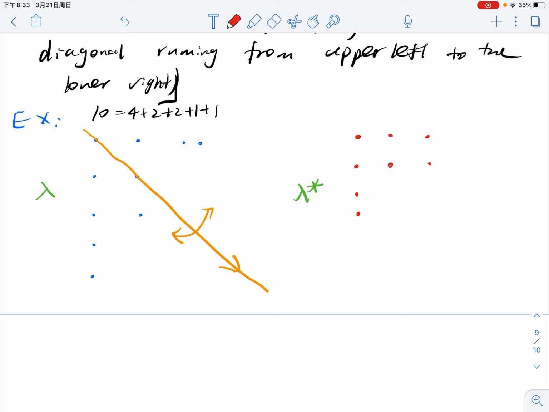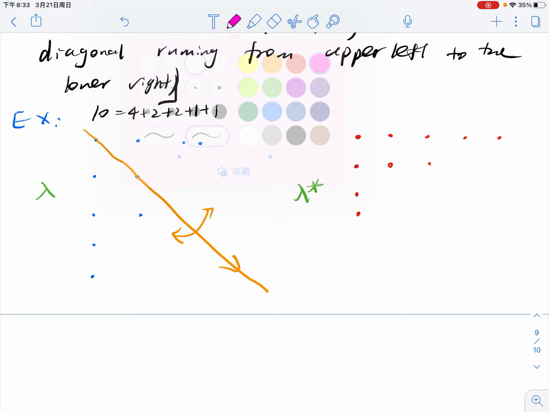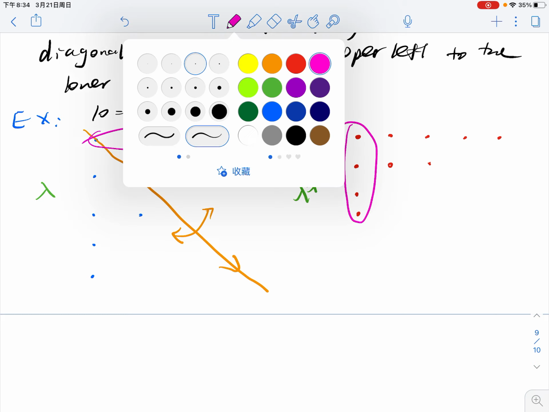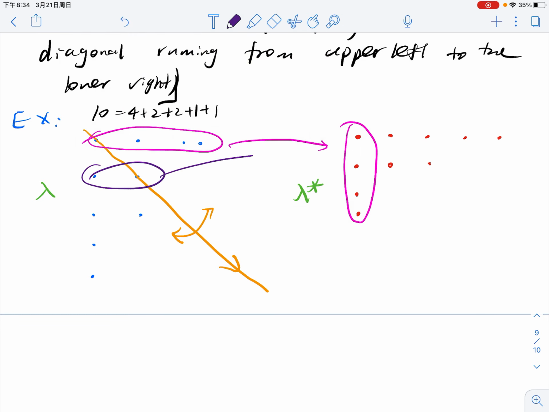More precisely, the first row becomes the first column, and the second row becomes the second column.